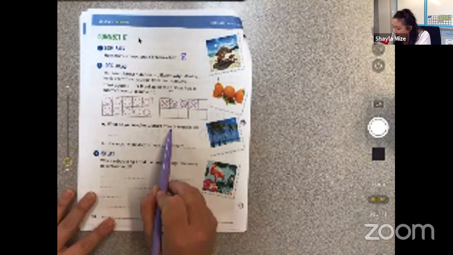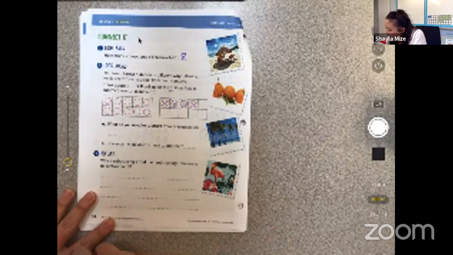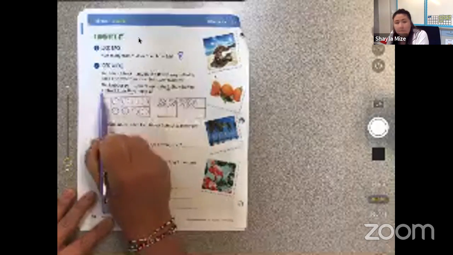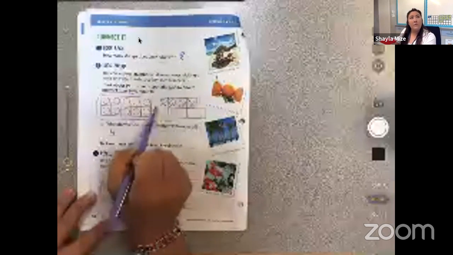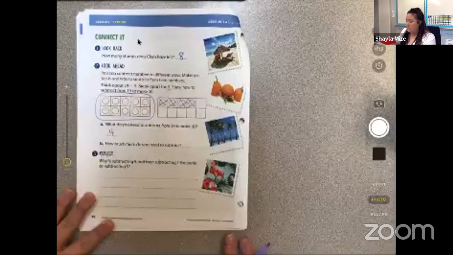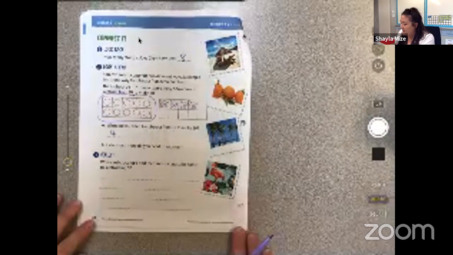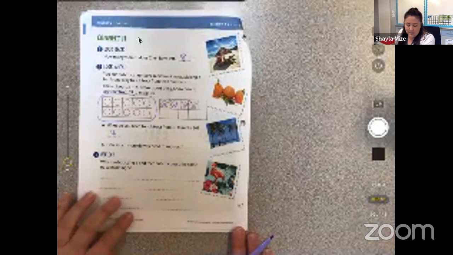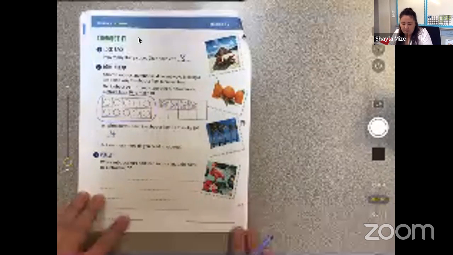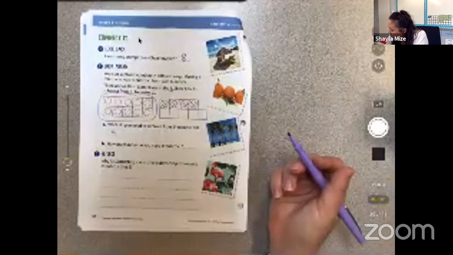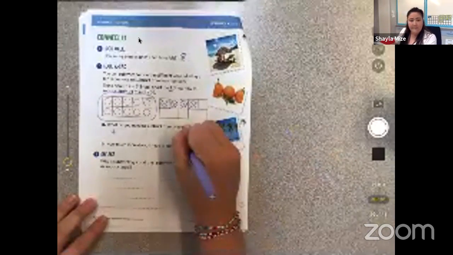You need to subtract 4 to then make our 10. And how much more do you need to subtract? We would need just 1 more to subtract.